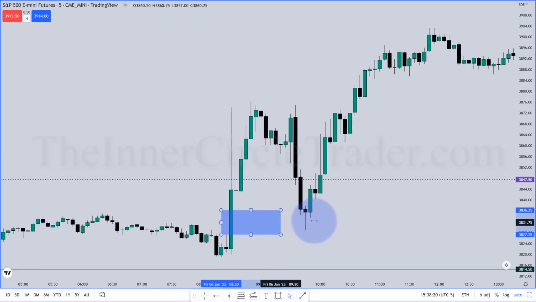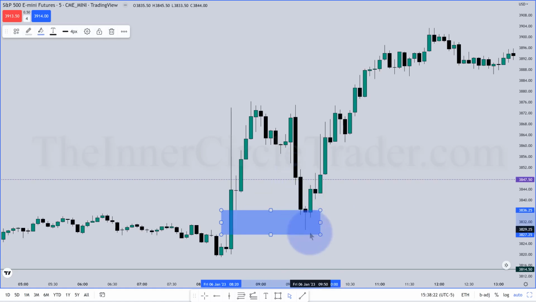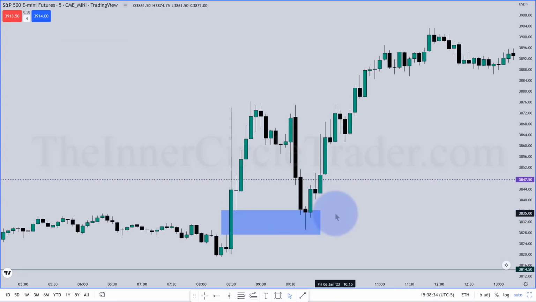You can see how we went down into that area here, dipped into it, and then turned around and attacked these relative equal highs. Now, before I drop down into the 1 minute chart, I wanted to take you through this thought process.